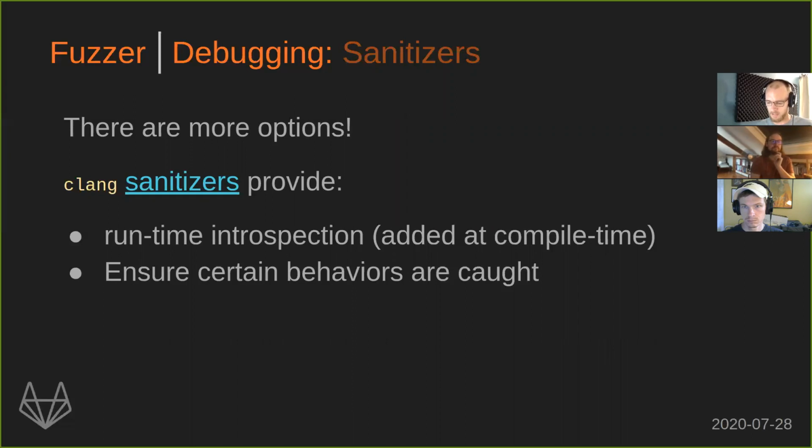So we may get more insight into how something crashed, but it can also ensure that things do crash when they go wrong. So certain types of errors, like use after free, are a good example. If you're not running with one of the sanitizers, you could free an object and the memory of the freed object is still floating around on the heap. It isn't cleared out.